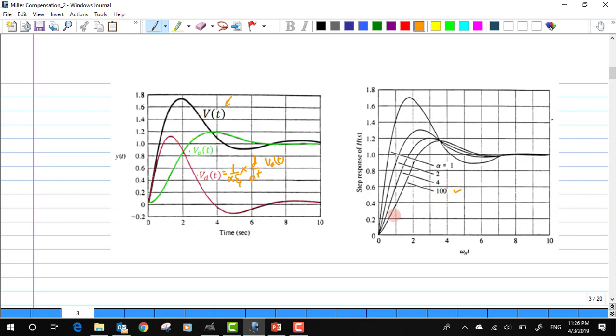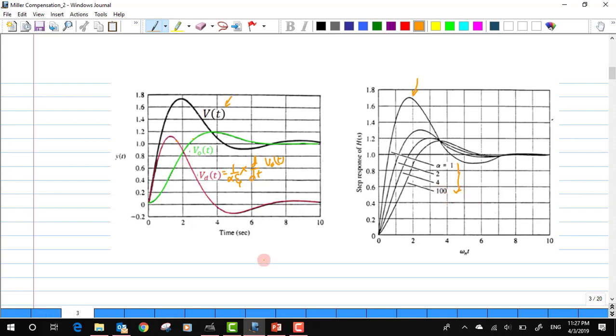As you can see, the response gets degraded as we do so. So having a small value of alpha helps us reach the final steady state much faster, but it also ends up having a larger overshoot. So depending on your system specification, you can choose a particular value of alpha that is required from this response.